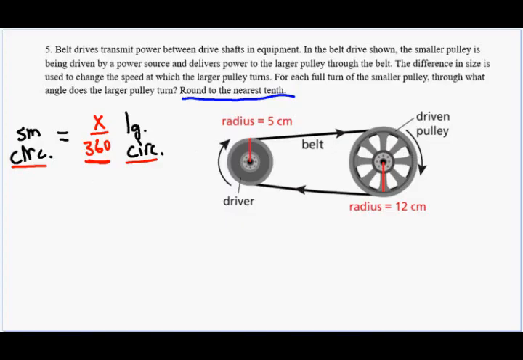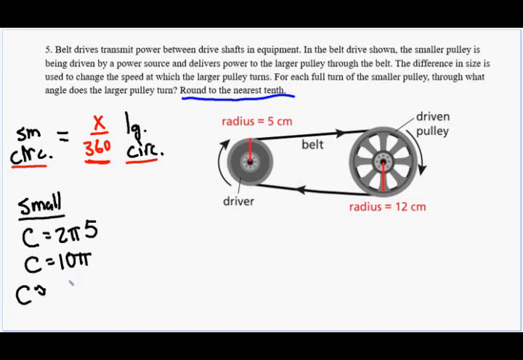So let's focus on the small circle. The circumference there is 2 times pi times radius 5. So that would be 10 pi, or about 31.4159 centimeters. So there's our small circumference.